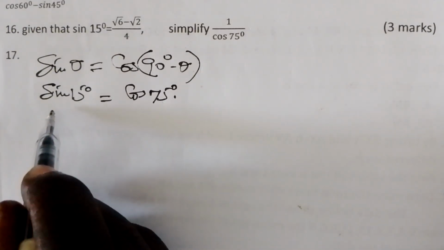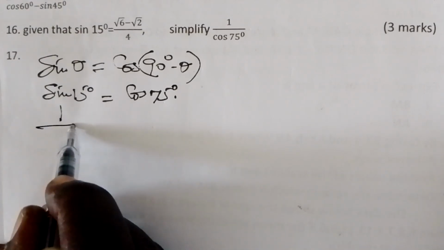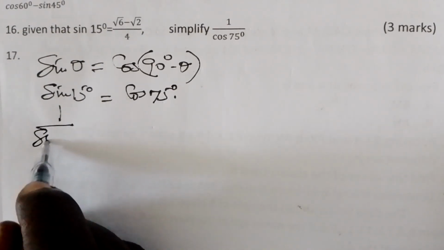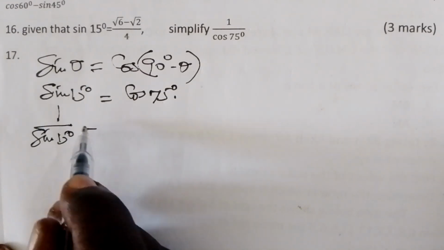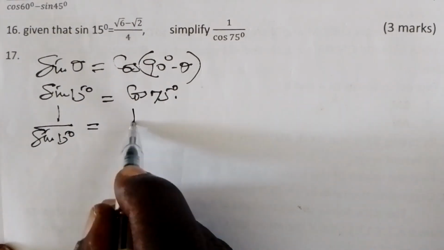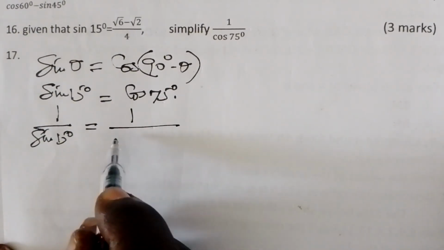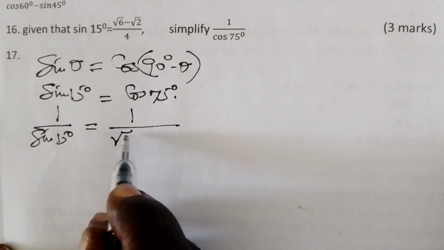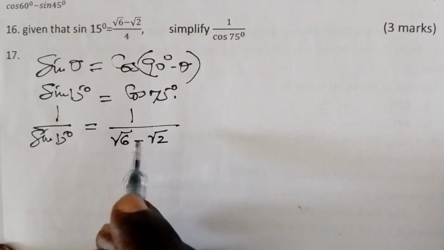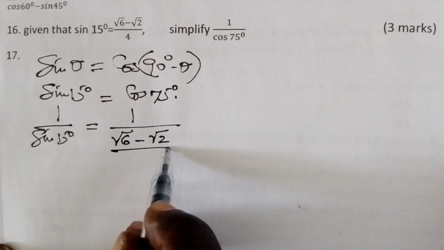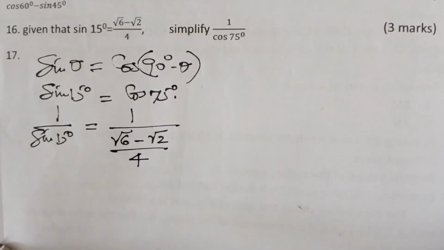1 over the sine of 15 degrees will be the same as 1 over the root of 6 minus the root of 2 divided by 4. Why am I saying that?